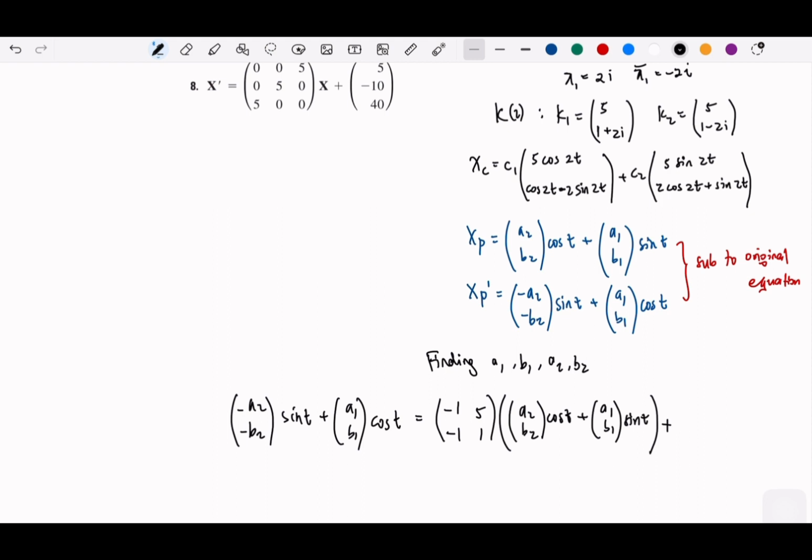F is sine t minus 2 cosine t. What's next is we group all the terms based on the sine and cosine.